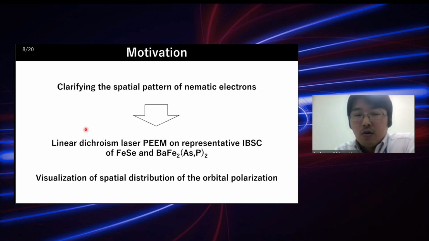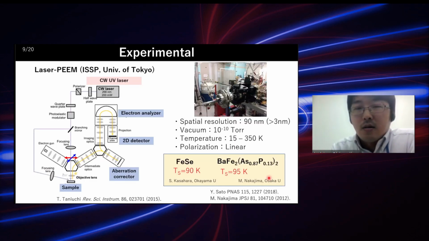So in this work, we use the linear dichroism laser beam on representative iron-based superconductors of iron selenide and phosphorus-doped BaFe2As2, and we will visualize the spatial distribution of the orbital polarization. Okay, this is the experimental setup, and this laser beam system was constructed at ISSP, University of Tokyo.